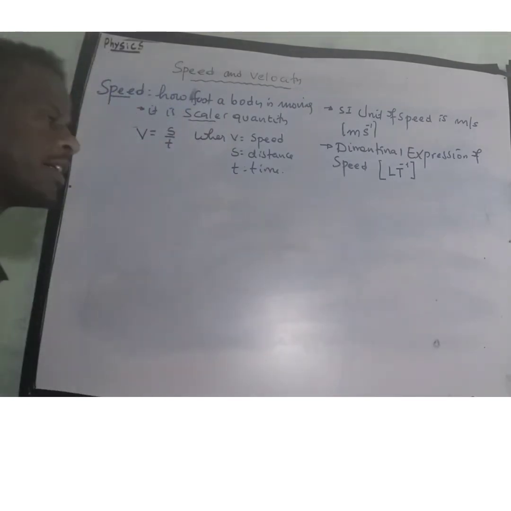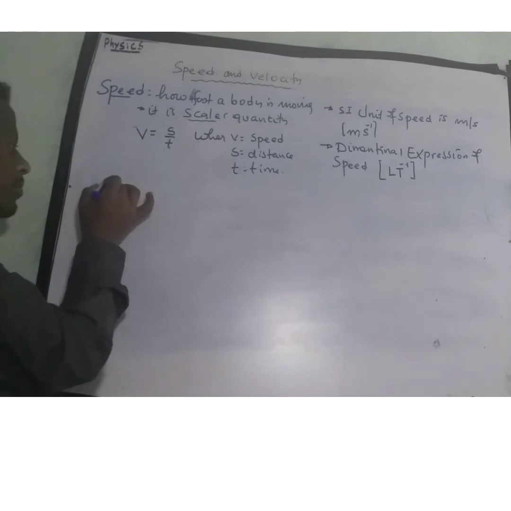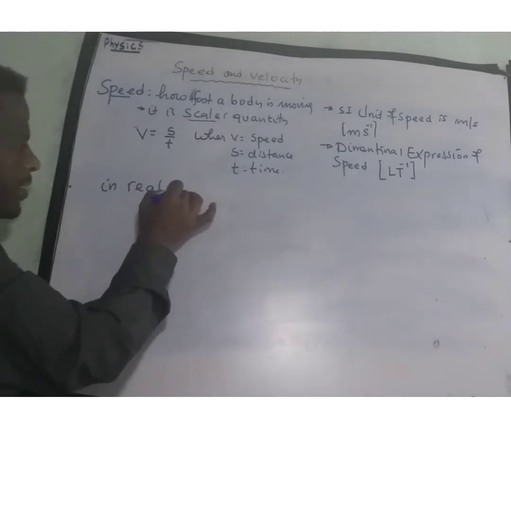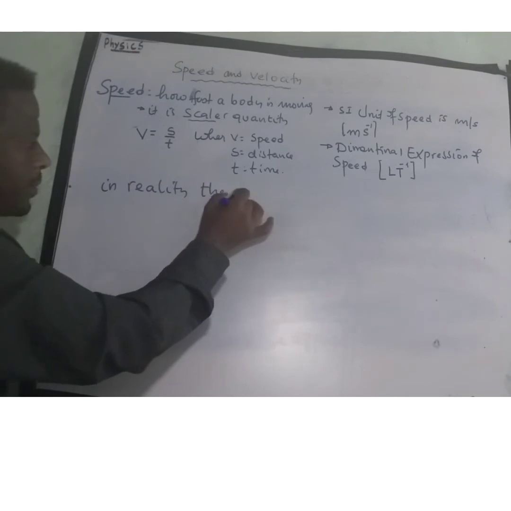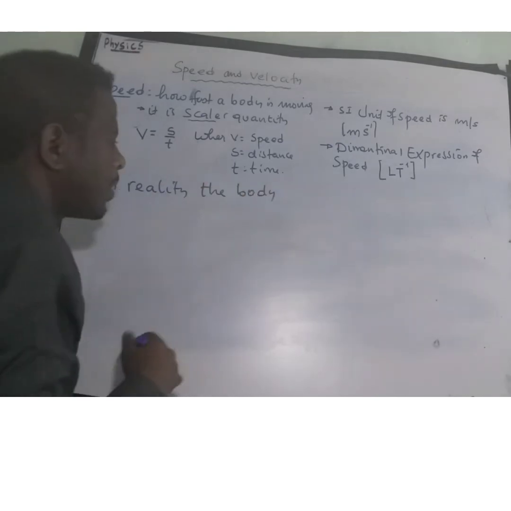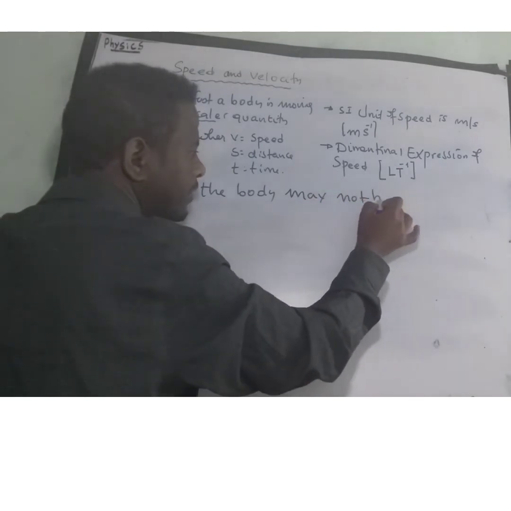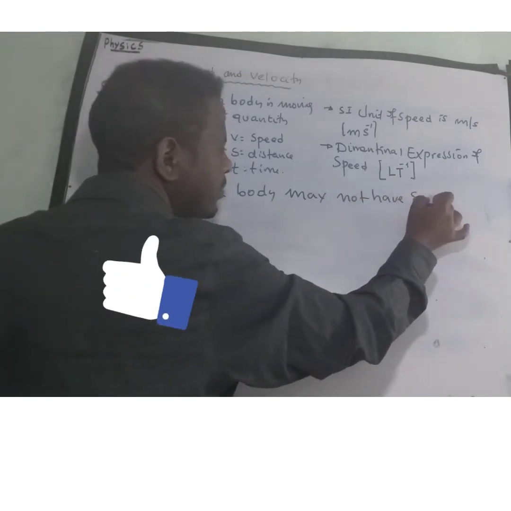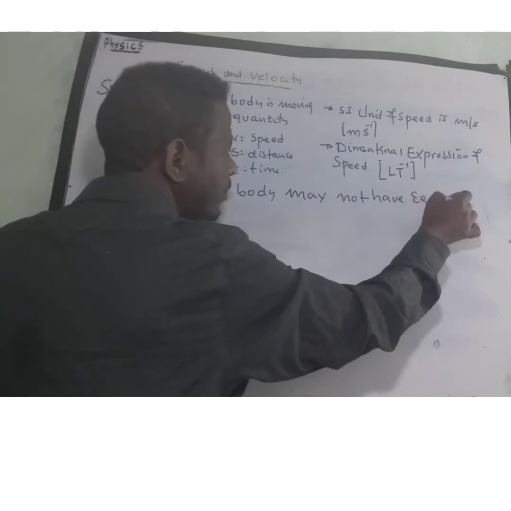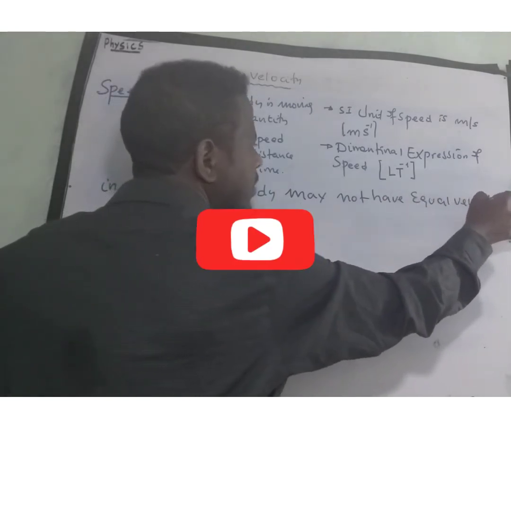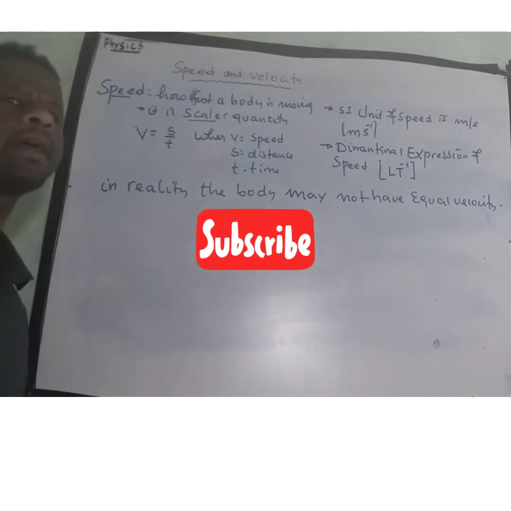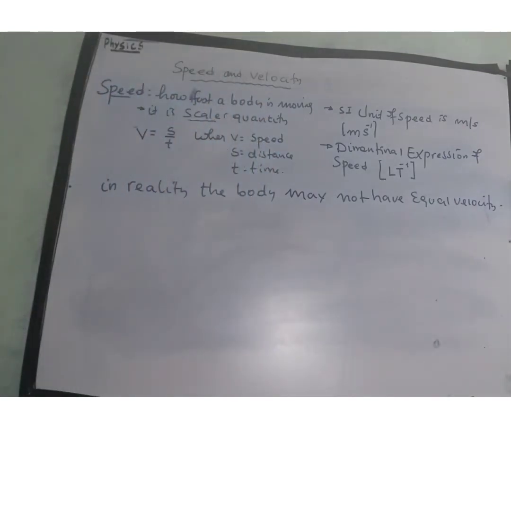We're discussing uniform motion, but in reality, a body or an object may not have equal velocity, which means sometimes it speeds up, sometimes it slows down.